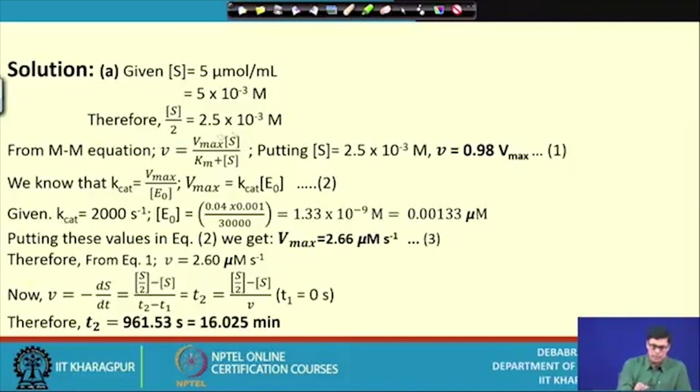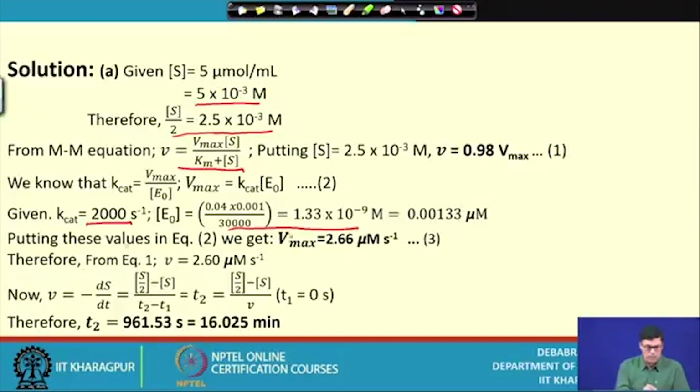The initial problem is: what is the time required to degrade half of the penicillin? The initial penicillin concentration is this many micromoles, so S by 2 is this, and the velocity of the reaction is this. The kcat value is given there.